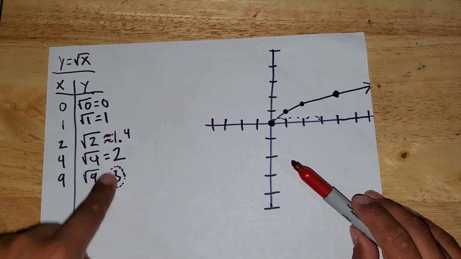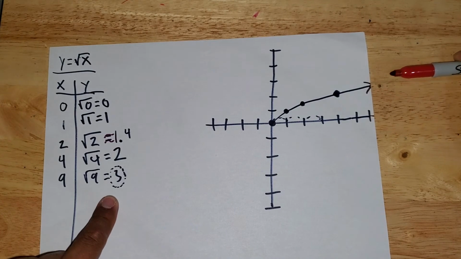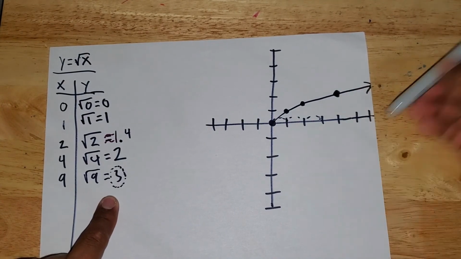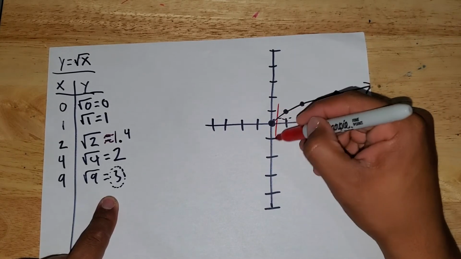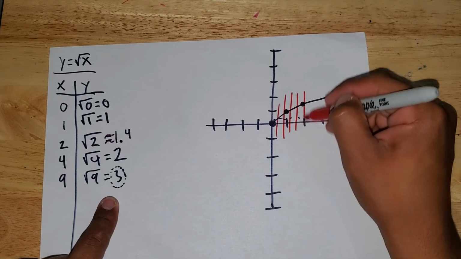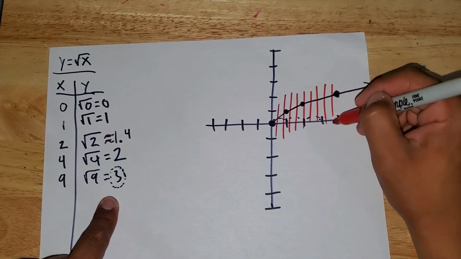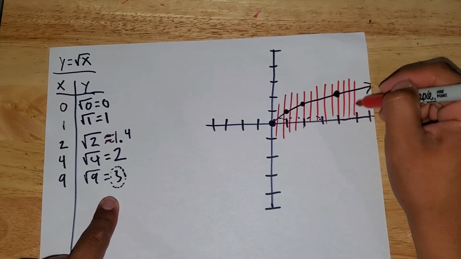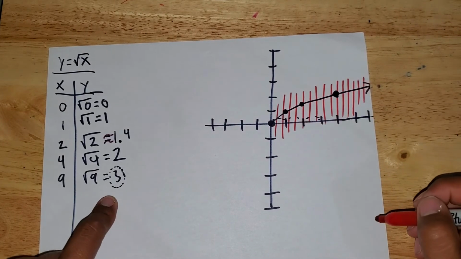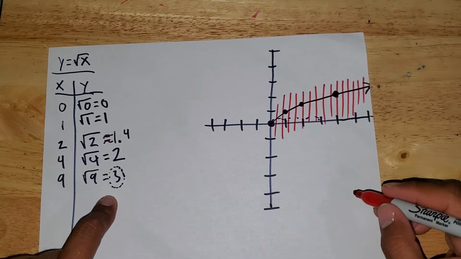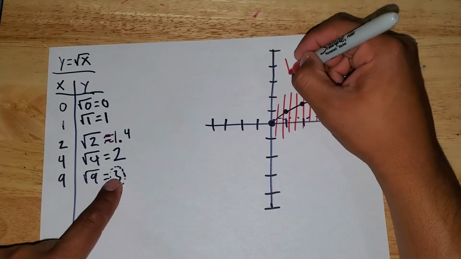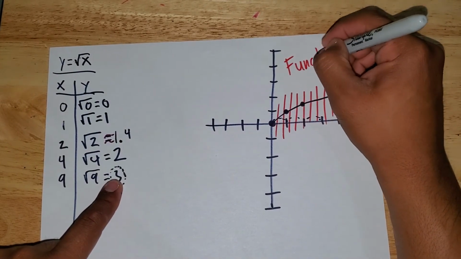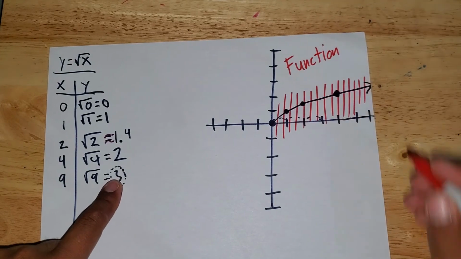And if you notice, what's happening is this constantly keeps going up. It doesn't shoot up, but it gradually keeps going up every single time. So for every vertical line that I make, I have to ask myself, is any of these vertical lines ever going to intersect this graph more than once? And hopefully you're saying no, because that means this is going to be a function.